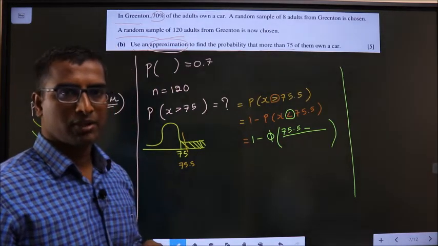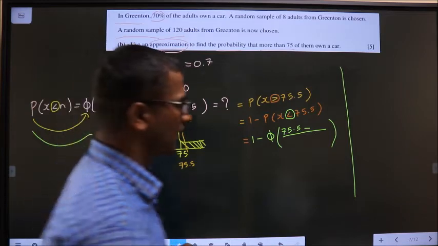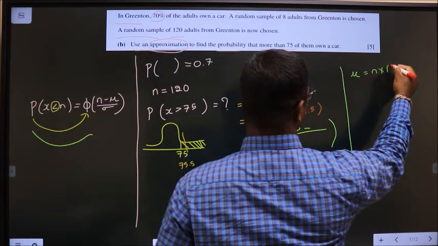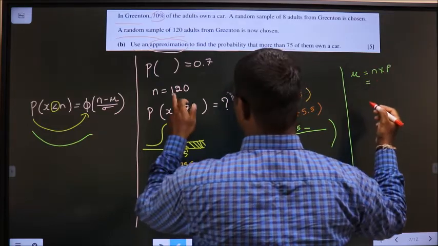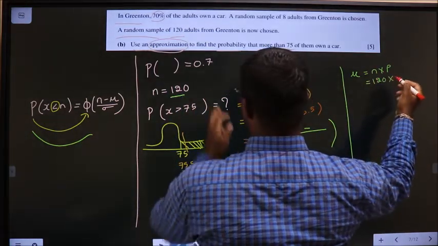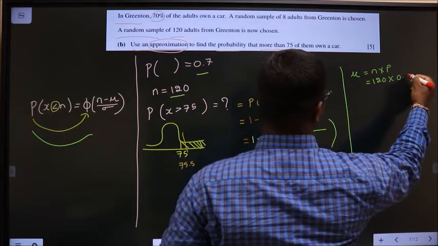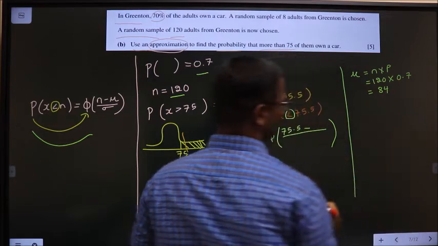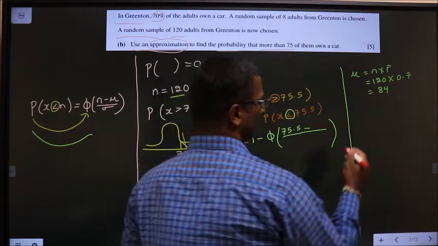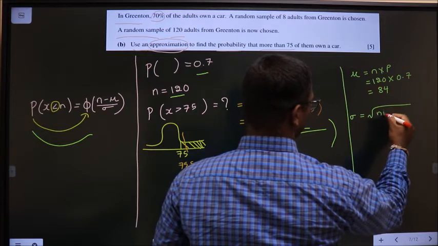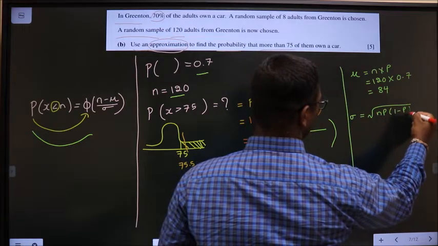The formula to calculate the mean is, see here, n into p. So n is 120, p is 0.7. So we get 84. And the formula for calculating standard deviation is the square root of np into (1 minus p).